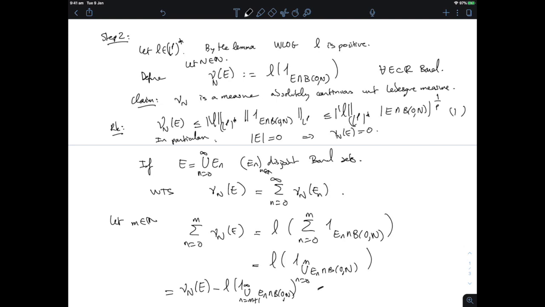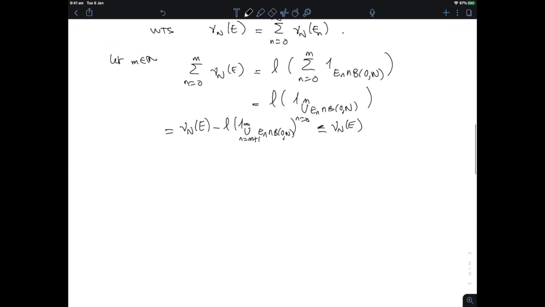So this sum has to be smaller than nu n of E. That's for every m, so that gives me one inequality in the equality I need to prove, sending little m to infinity. But I need to prove an equality, so really what I need is to show that this part here does tend to 0 as m goes to infinity. So let's see how we do that.